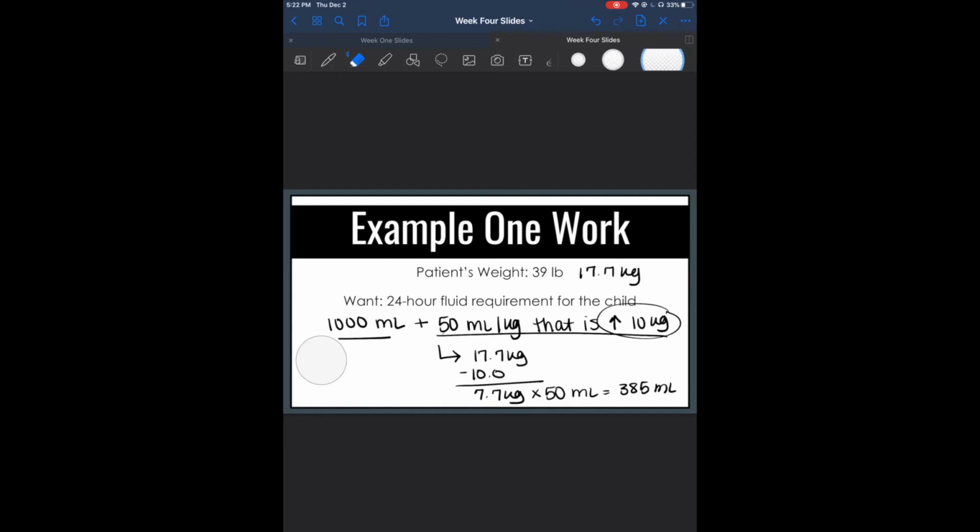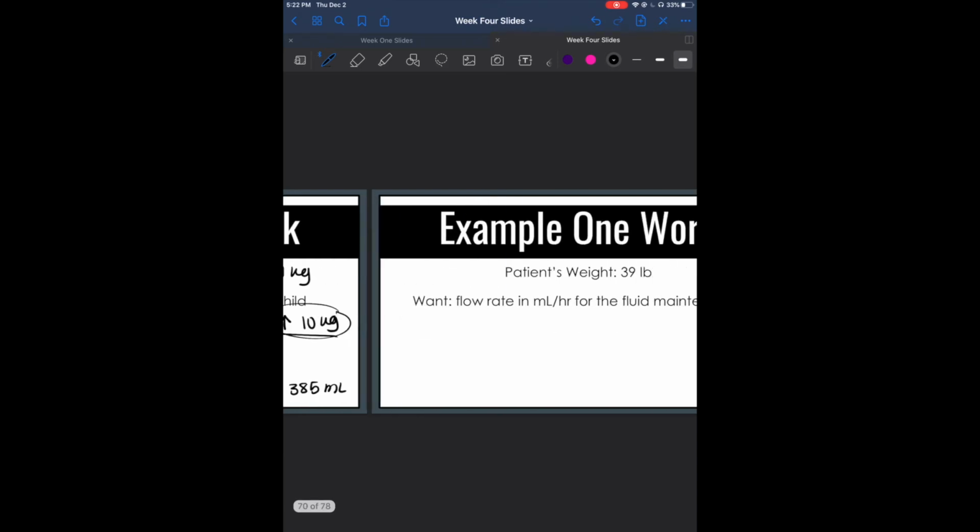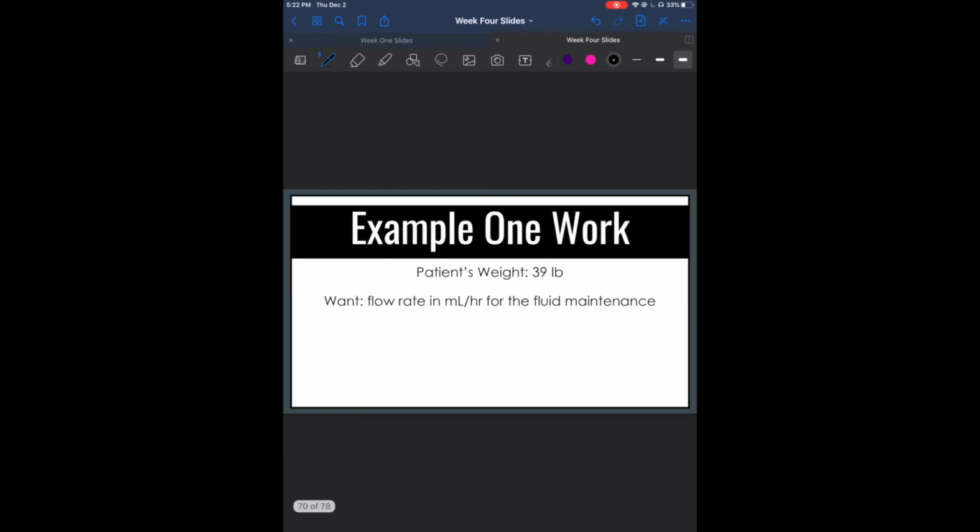So now we're going to go back over here because we know we're getting there 1,000 for sure. We're going to want to add that additional fluid requirements. So they're getting a total of 1,385. So now we're going to figure out what their flow rate would be. So we have 1,385 milliliters.